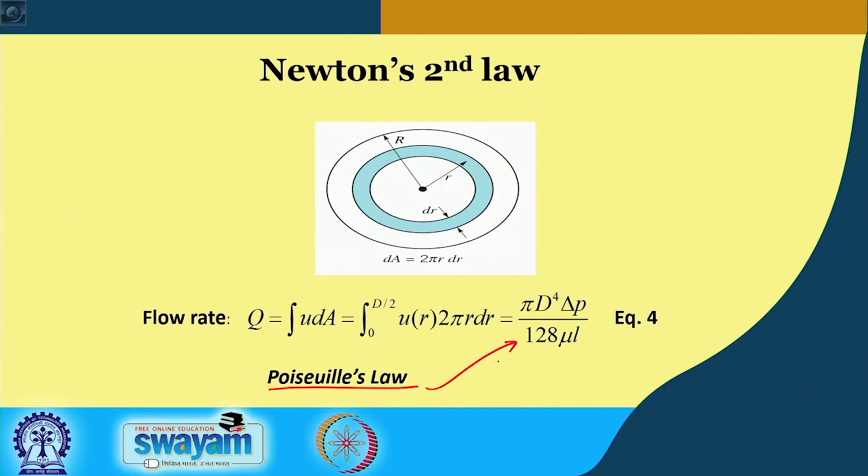So we have used Newton's second law to derive the discharge rate through a pipe as a function of the pressure gradient delta P. This is an important topic, one of the critical results for laminar flow through pipes.